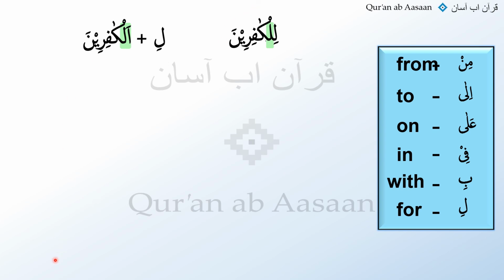Okay, and we know that li is already harfe jar. We've already learned that, and ina, it is going to be in jar eventually, so it is a murakkab jari. We can safely underline it red. Let's start the analysis.